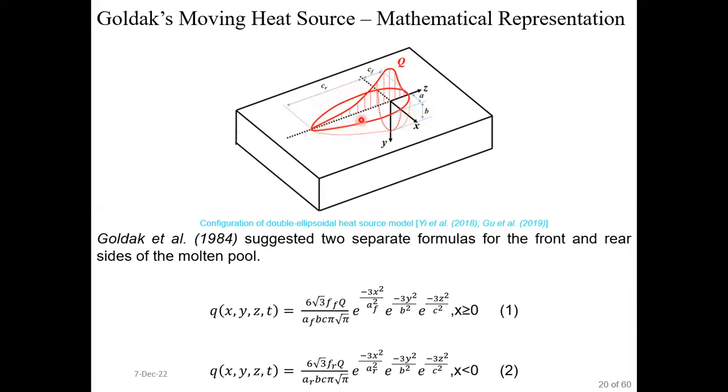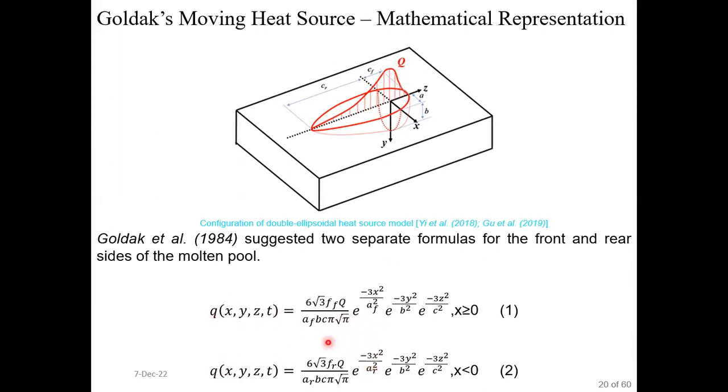Based on the variation of heat input, as we can see with the help of this skewed normal distribution, we have different percentages of heat input in the frontal ellipsoid as well as in the rear ellipsoid. So we have two different equations representing the front heat input and the rear heat input.